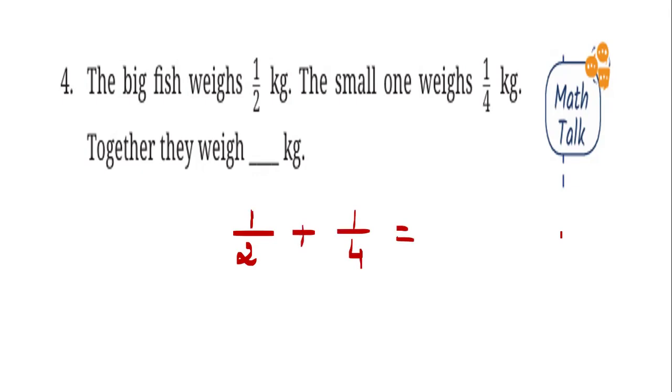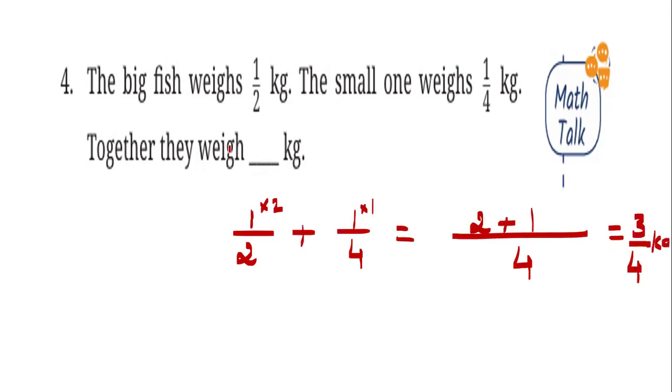We know that the LCM of 2 and 4 is 4. 4 twos are 2 twos are 4, 4 ones are 4. That means 1 into 2, 2, plus 1 into 1, 1. That means 3 by 4 kg. Together they weigh 3 by 4 kg.